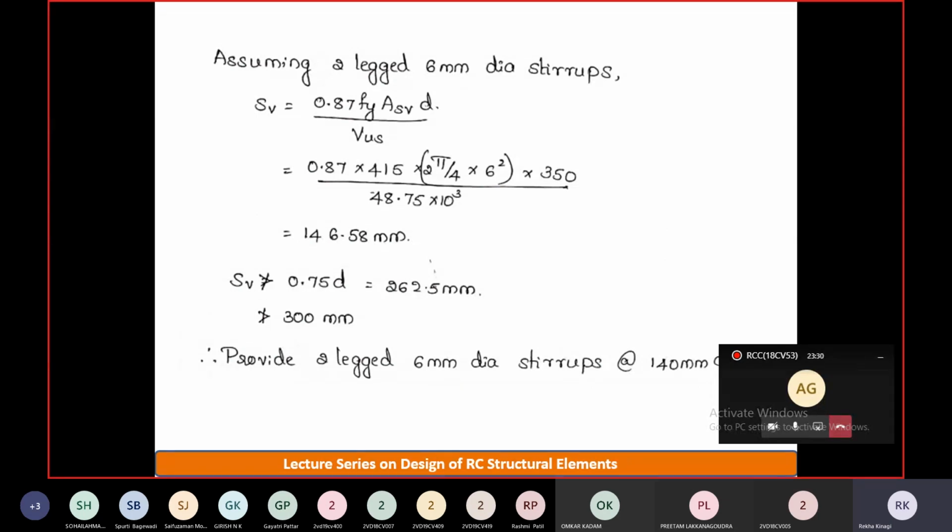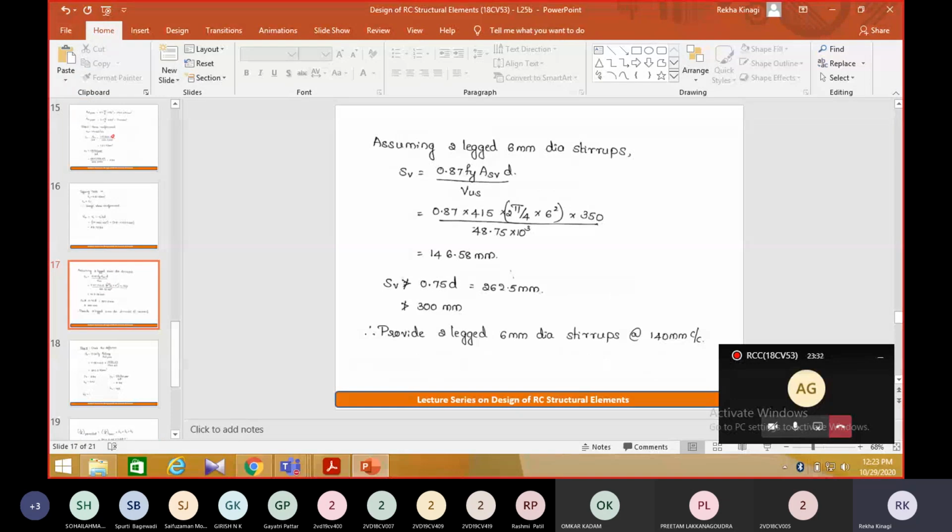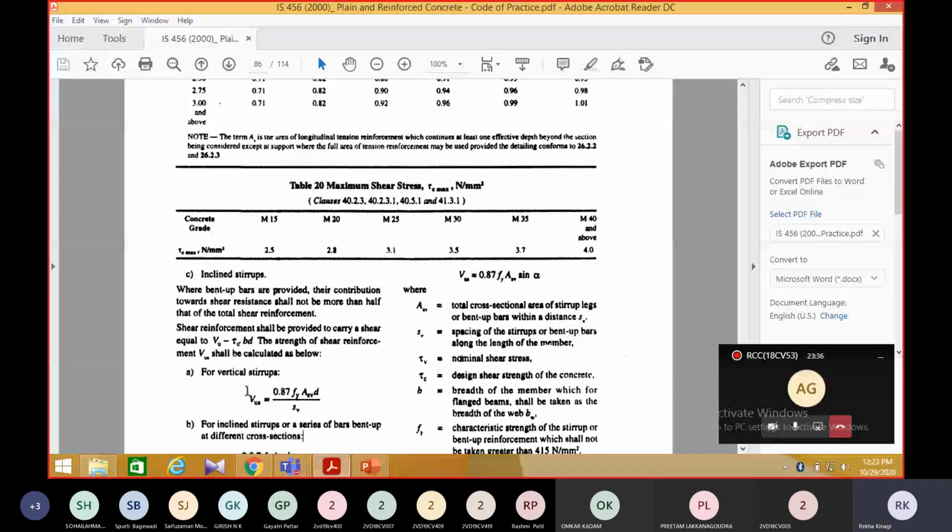In order to calculate the spacing, we are going to use vertical stirrups. Now we'll assume that we are going to provide vertical stirrups, that is 2-legged 6 mm diameter vertical stirrups. So VUS is equal to 0.87 Fy ASV D divided by SV.